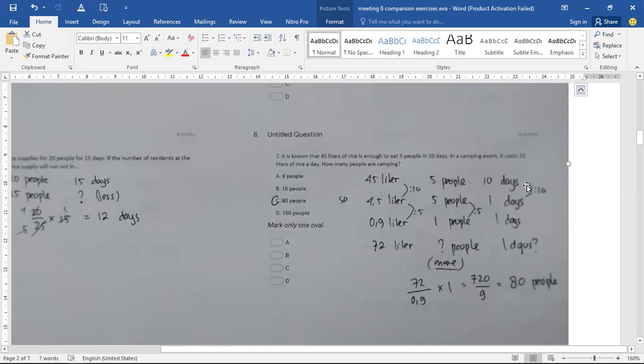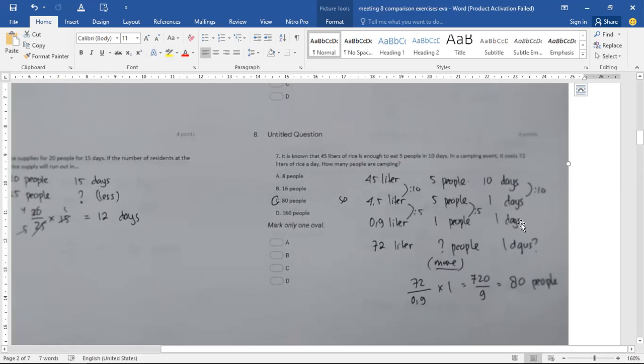I can divide it by 10 to find the portion for each day. So if I divide it by 10, we have 4.5 liter for 5 people in 1 day. If we want to know the portion for 1 person, we divide it by 5 again. So here we have 0.9 liter for 1 person in 1 day.